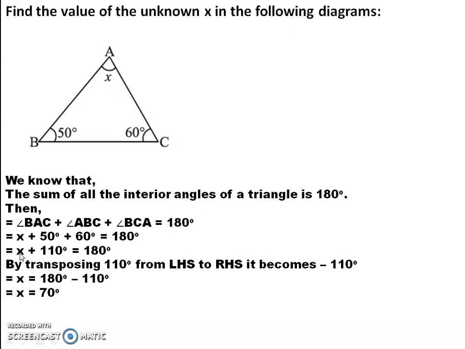So we got x plus 110 degrees equals 180 degrees. By transposing, what is transposing? This plus 110, when you take it to the other side, becomes negative 110. So x is equal to 180 minus 110 degrees. x is equal to 70 degrees. So the value of the unknown x you got is 70 degrees. Clear?